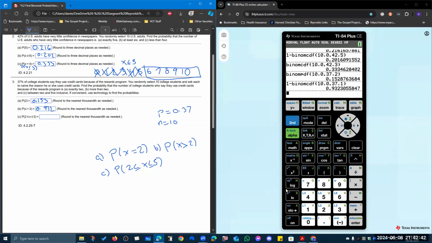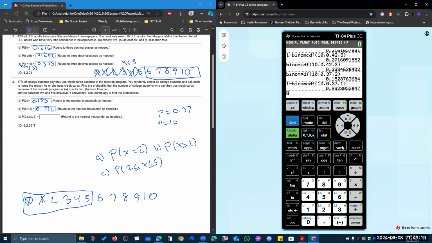And then between 2 and 5. So we're going to have less than or equal to 5 minus less than or equal to 1. Let me show you that. So we have 0, 1, 2, 3, 4, 5, 6, 7, 8, 9, 10. So we want all of this minus these. That'll be 2 to 5. So we've got 2 less than or equal to statements here.